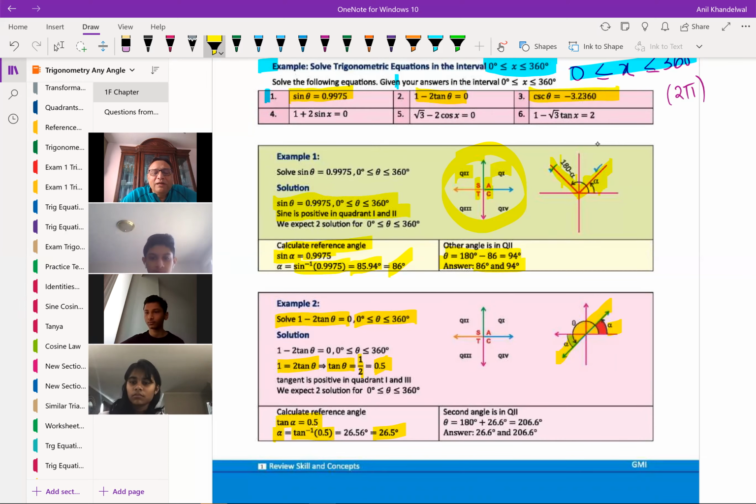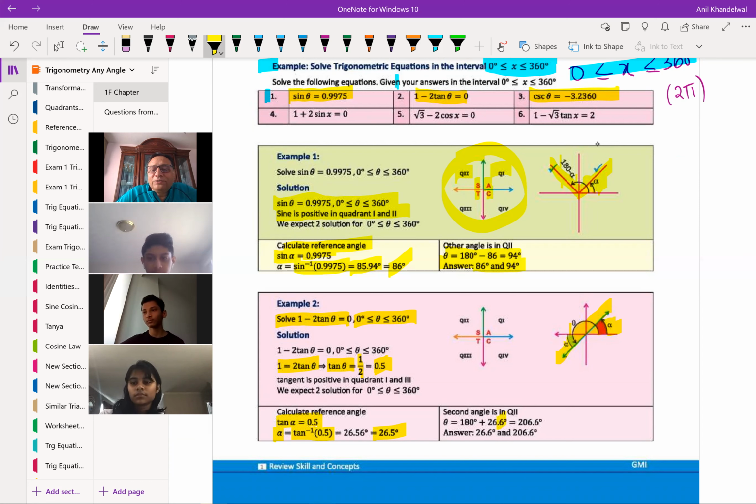We'll go with this value. If 26.5 is my related acute angle, then one solution is 26.5, and the other will be 180 plus 26.5, correct?